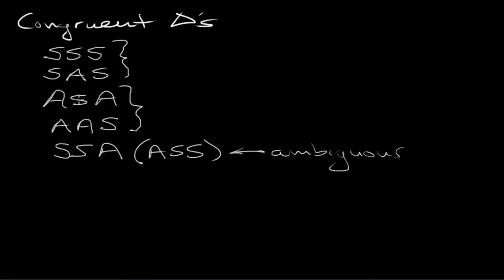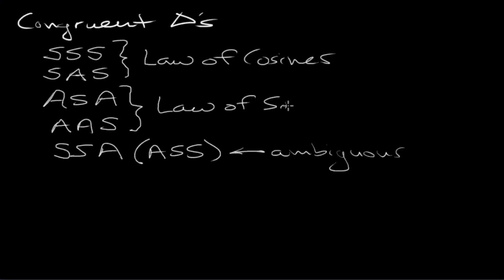When we talk about the law of cosines and the law of sines, generally when you have more sides, you use the law of cosines. And when you have more angles, you use the law of sines. Then we have this special case here, which we'll talk about later. This is called the ambiguous case.